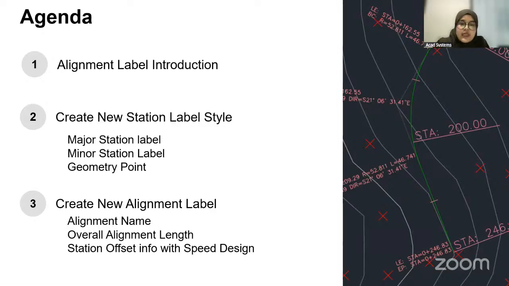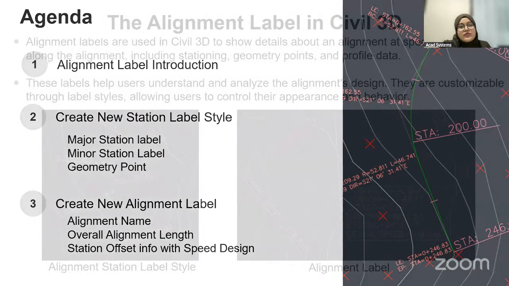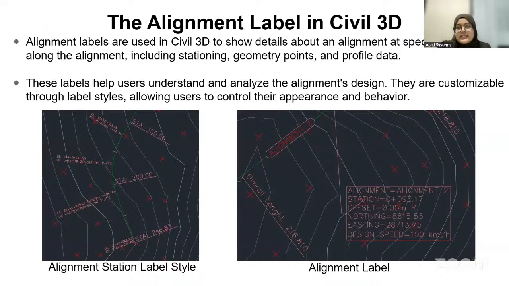First, I'll go through the alignment label in Civil 3D. So what is the alignment label in Civil 3D? Alignment label is used in Civil 3D to show the detail about the alignment at specific locations, including the stationing, geometry points, and profile data along your alignment.